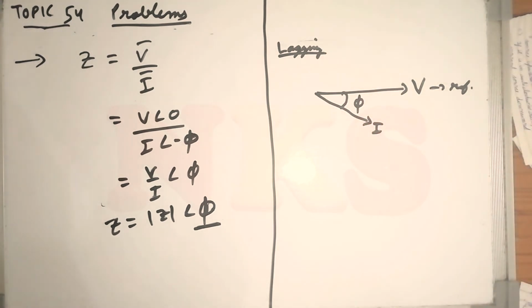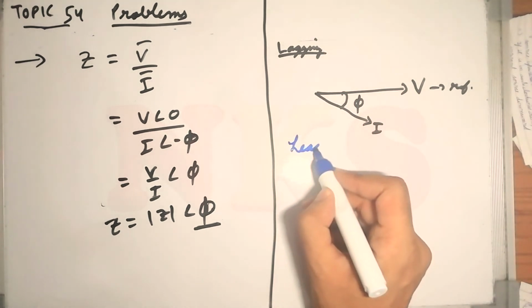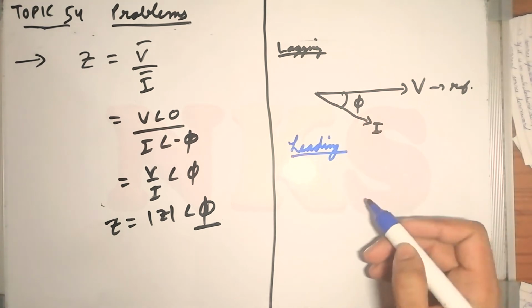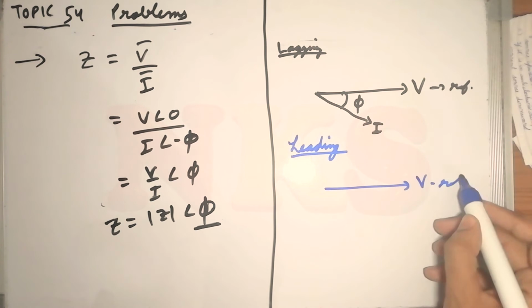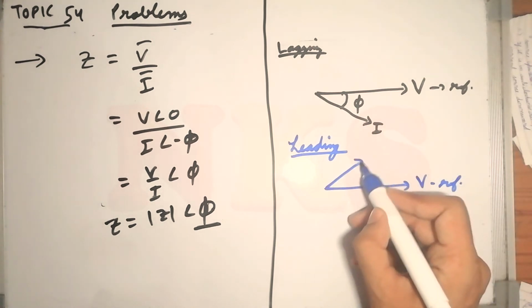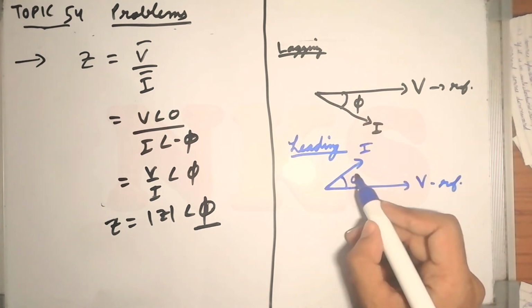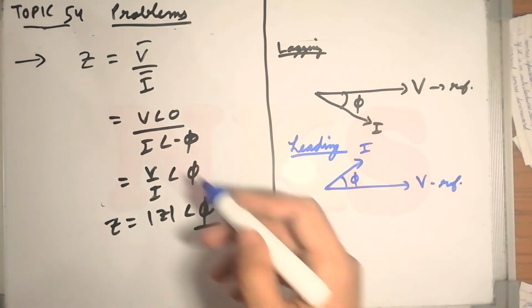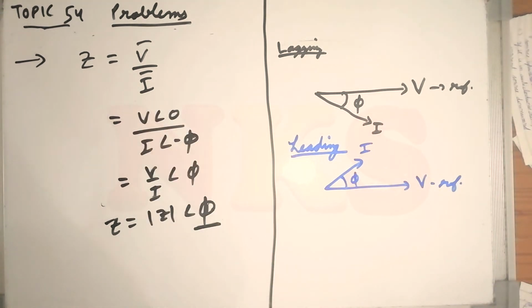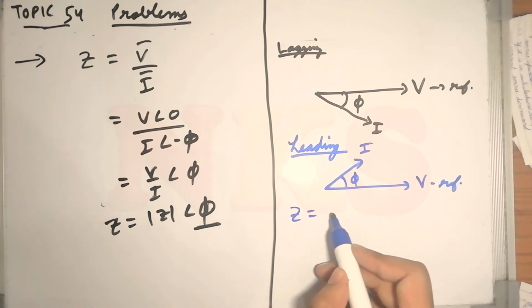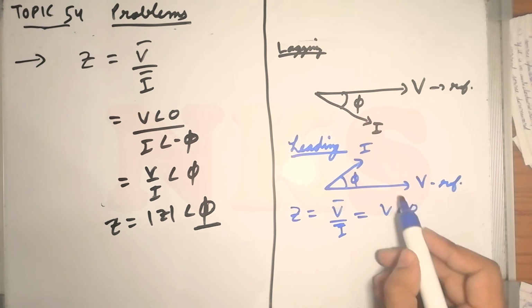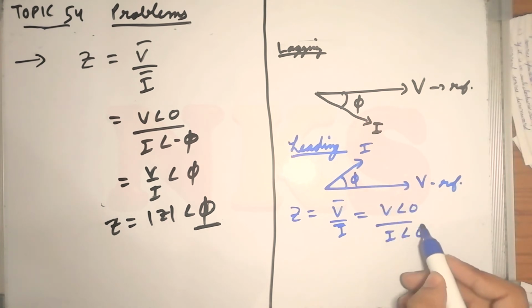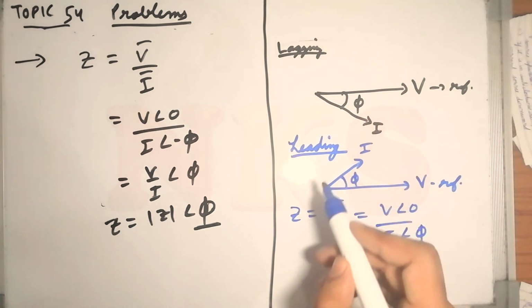Now let us see similarly for the leading load. Again I assume that V is a reference, and this time the current will lead. We all know this, and this angle, let me say, is phi. Now Z will be equal to V phasor by I phasor. This will be V at an angle 0 and I at an angle phi, because it is anti-clockwise.